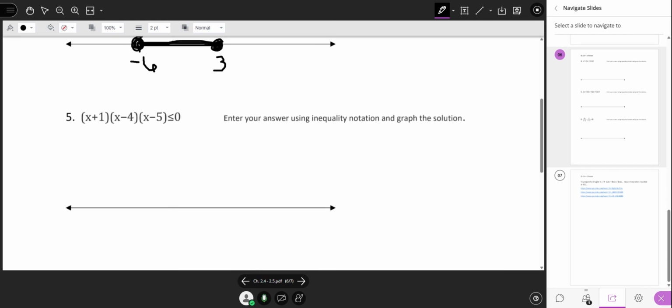This one was -1, 4, and 5. There's an equals, so you're using closed, closed, closed.